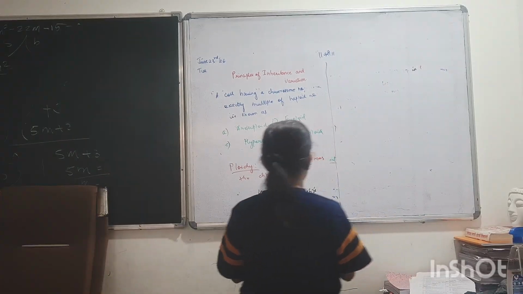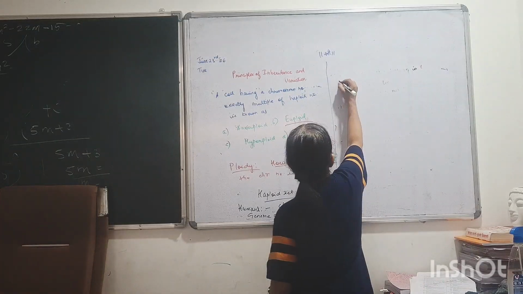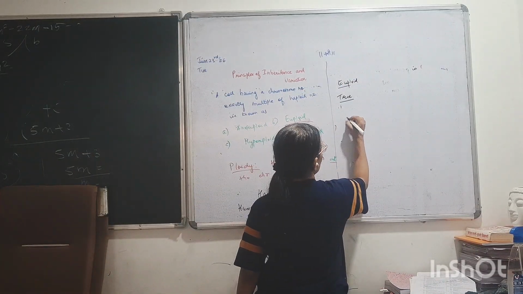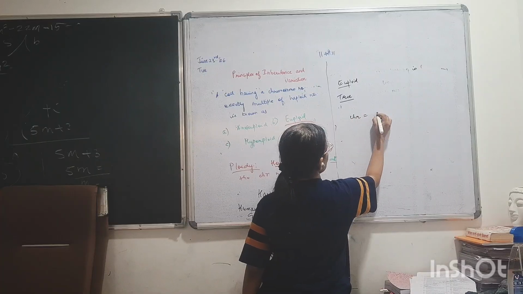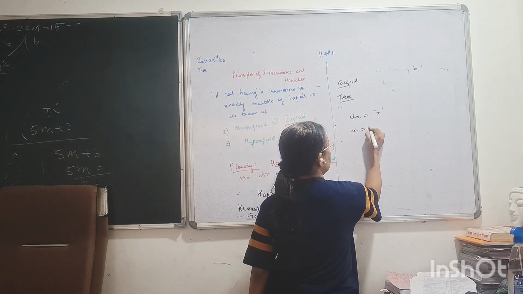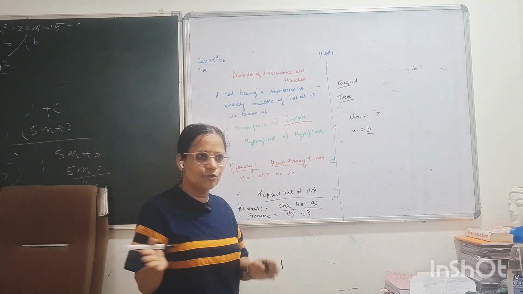Let us say first what is euploidy. Euploidy, where "eu" refers to true, means that suppose I have X chromosomes, then this X value should be equal to N. Now what is N? N is the haploid set of chromosomes.